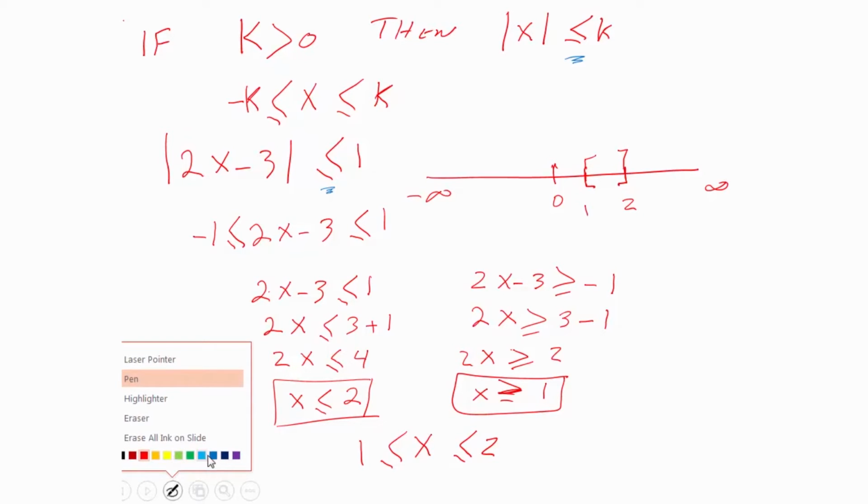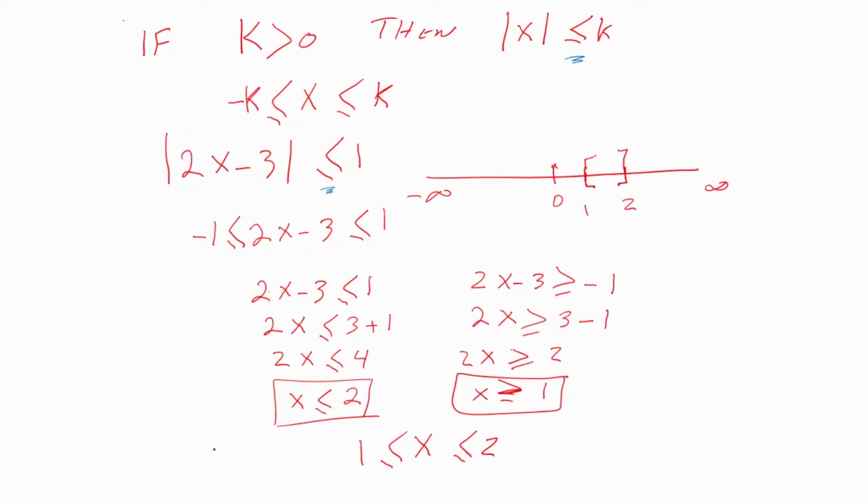Therefore, the answer is somewhere between these 2 points, including these 2 points themselves. Okay. So that is if the absolute value of x is less than or equal to k. Okay, so that's an example for that.